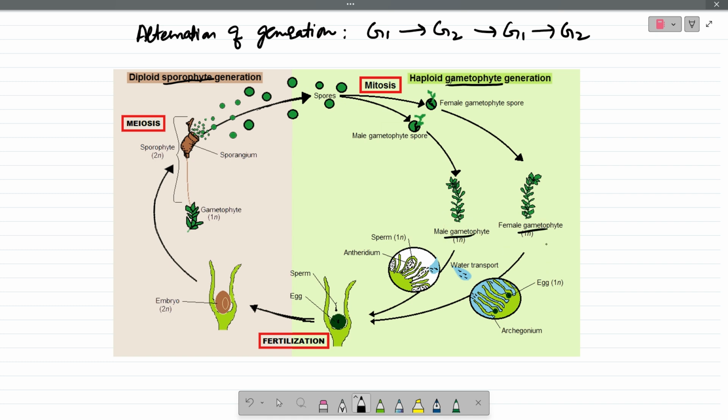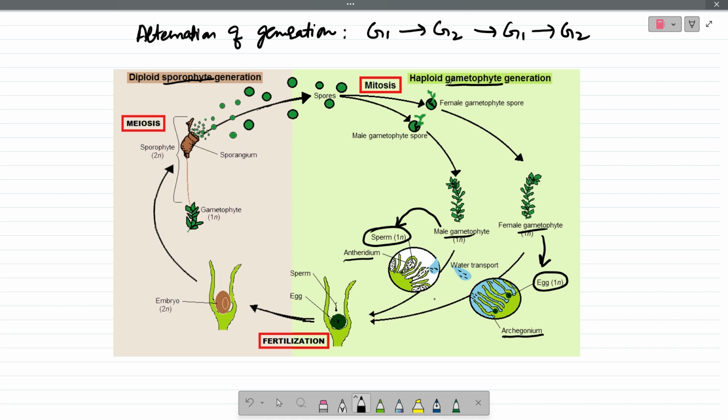Okay, and these gametophytes form gametes. Female gametophyte will form female gamete, which is called egg, and male gametophyte forms sperm or male gamete. These gametes are formed on specialized organs which are called sex organs. The male sex organ is called antheridium and female sex organ is called archegonium. Then there is time for fertilization.